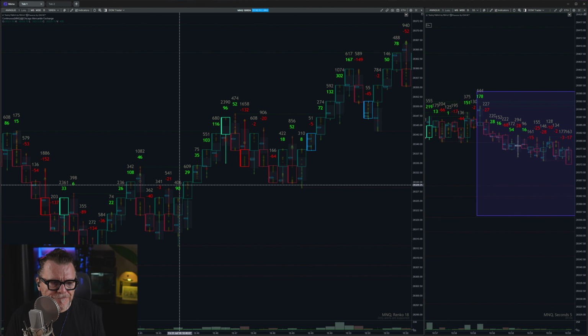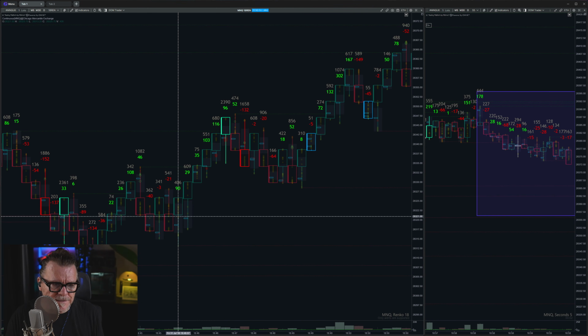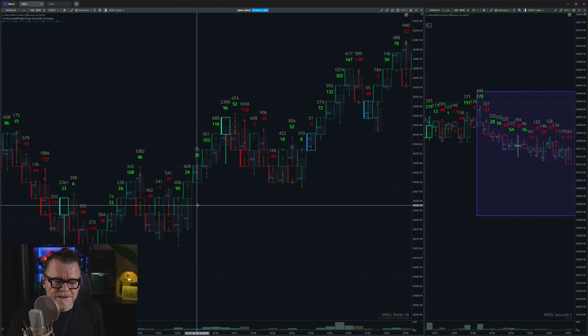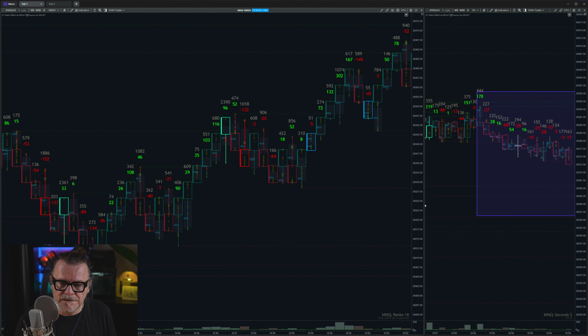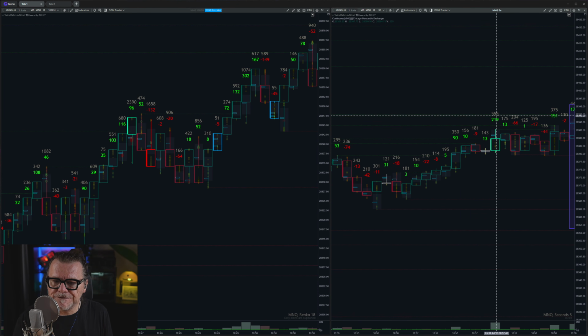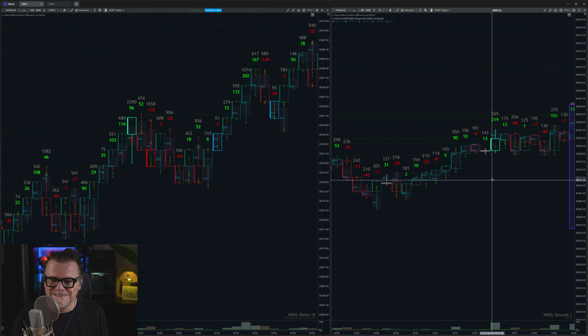It took 406 contracts to push the price higher by 18 ticks. I'm not interested in that. It took 555 contracts to close the candle in the next 5 seconds.